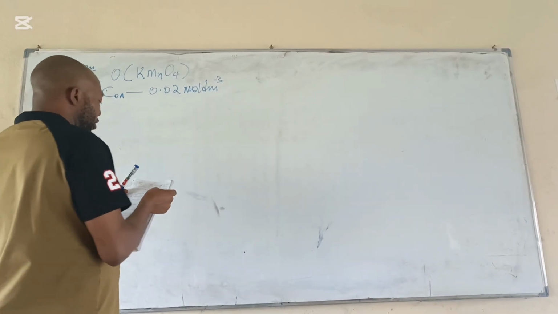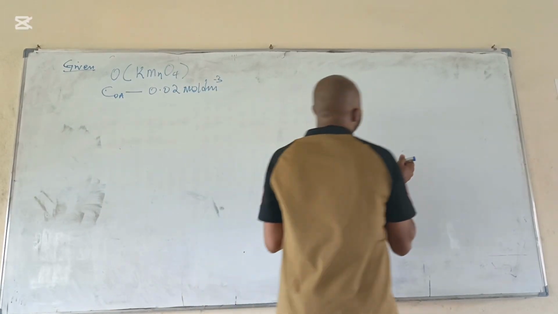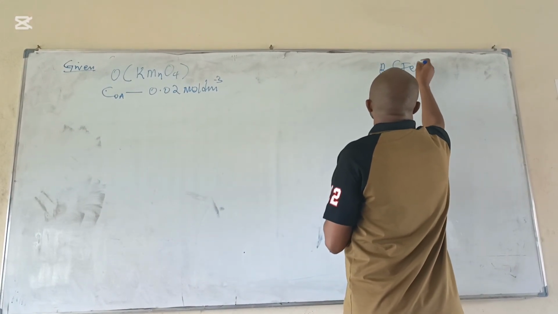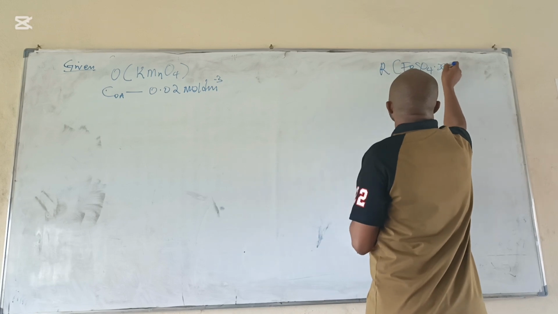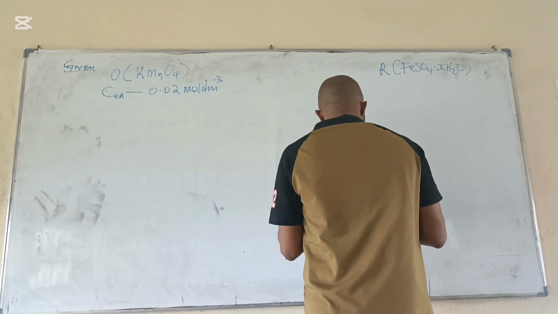It reacts with 27.52 g/dm³ of the reducing agent, FeSO4.xH2O. We don't know what the X is.